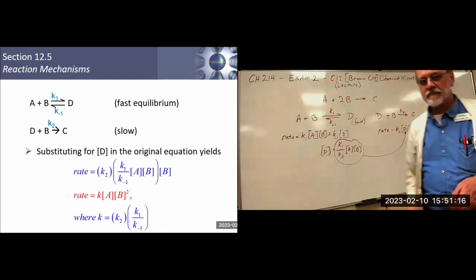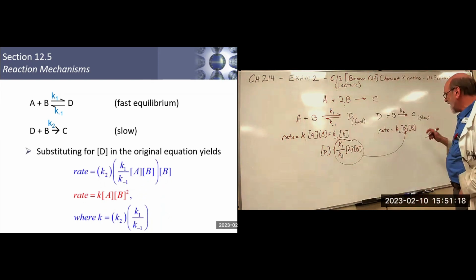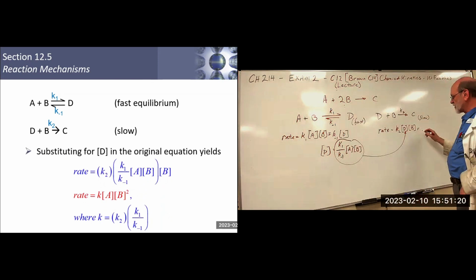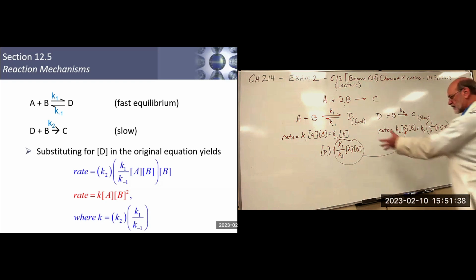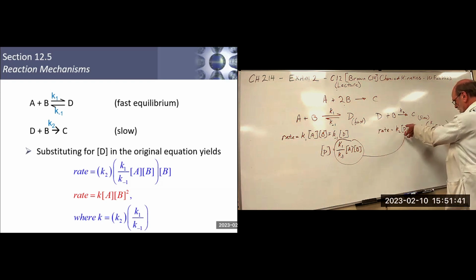So now we have a new rate expression where we have K2, and then whatever is inside D, which is K1 over K minus 1 times A times B, and then we have B on the outside here. So we just substituted all that right in here.